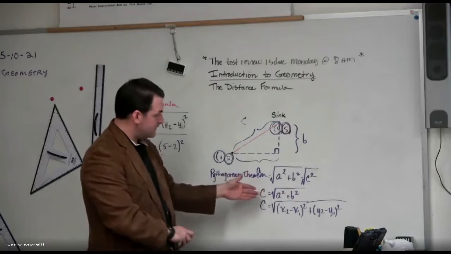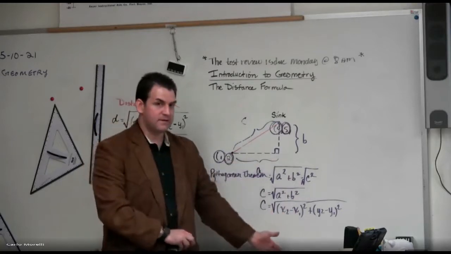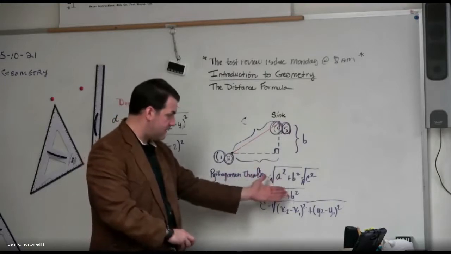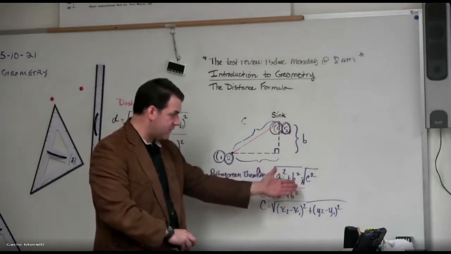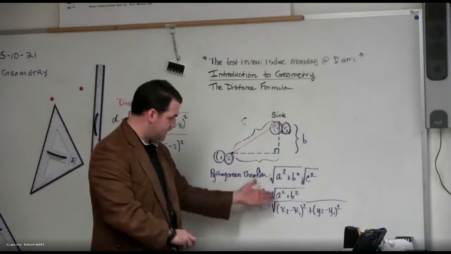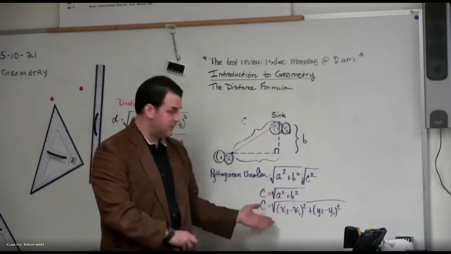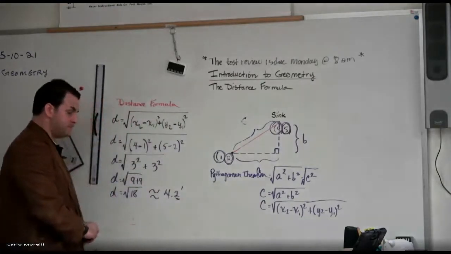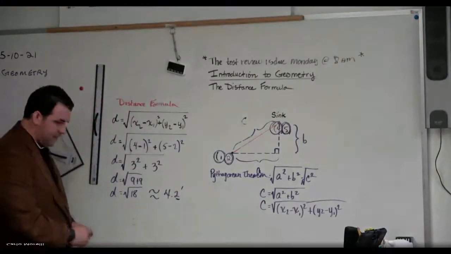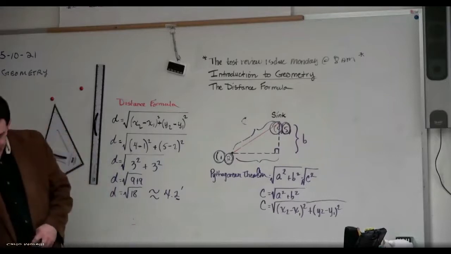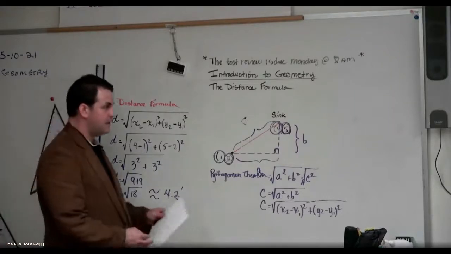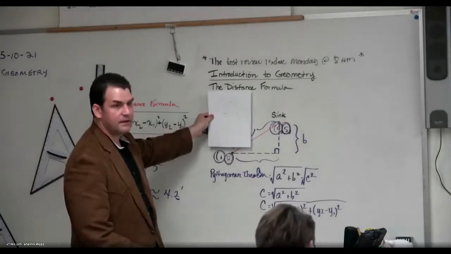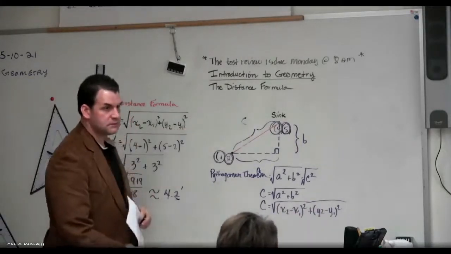And then we derived the distance formula by starting with the Pythagorean theorem, a squared plus b squared equals c squared, solving for c. And we learned how a and b are really just those x2, x1, y2, y1. Then we took a compass, we learned what that was all about, and we drew some circles, and we came up with this special triangle.